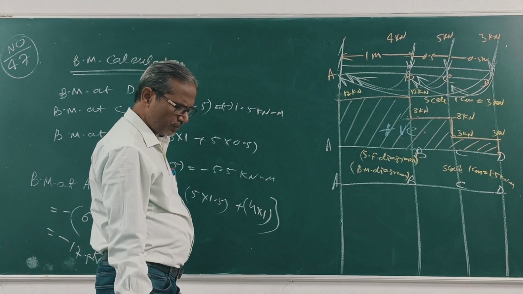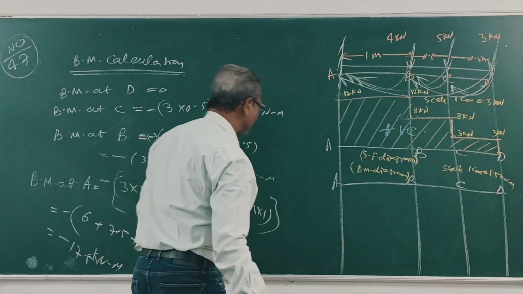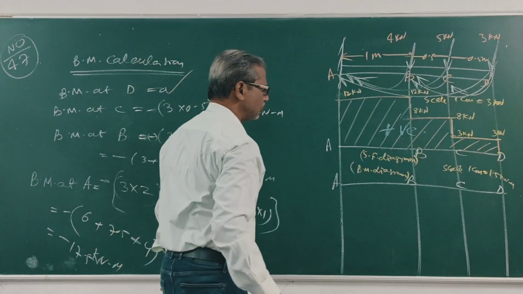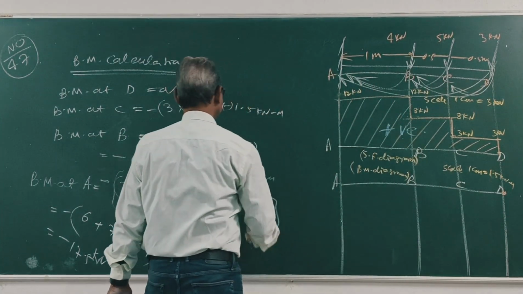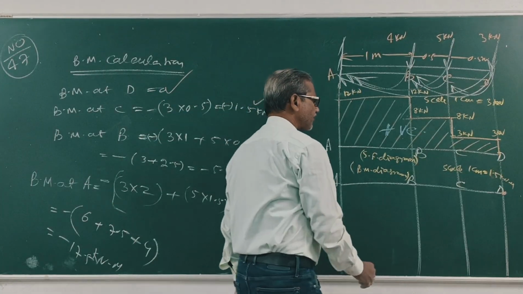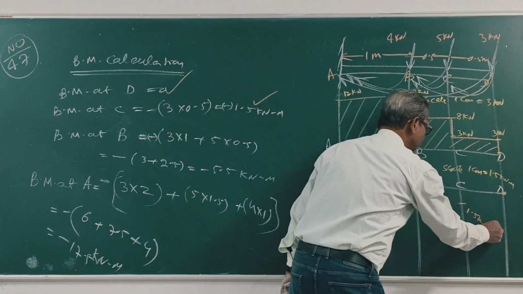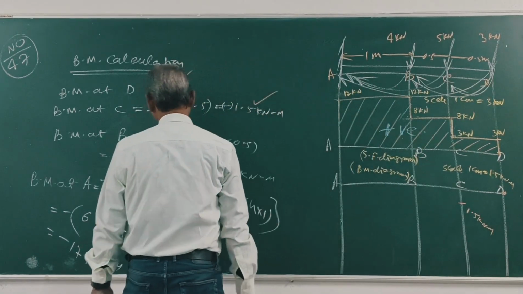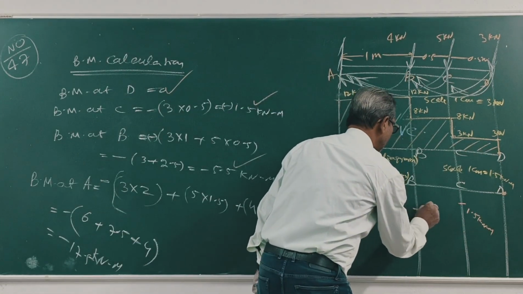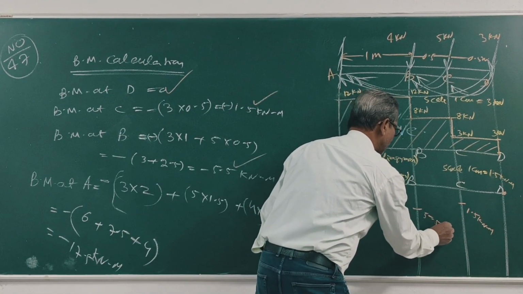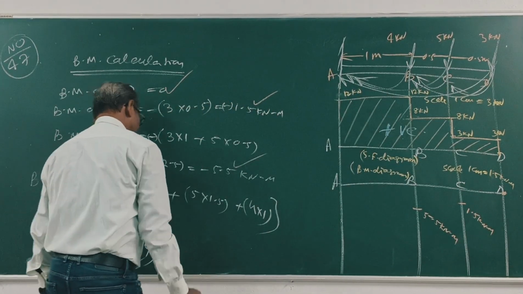Now at D it is 0, at C minus 1.5, at B minus 5.5 kilonewton meter, at A minus 17.5.